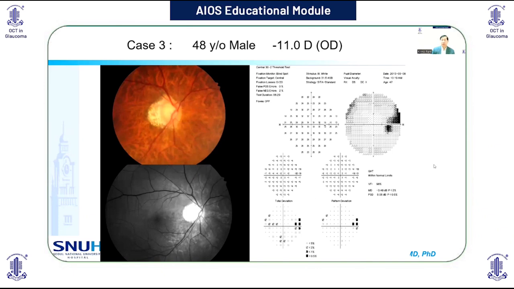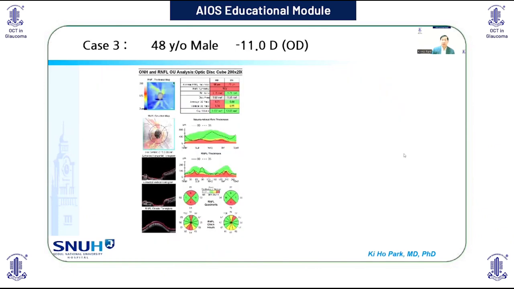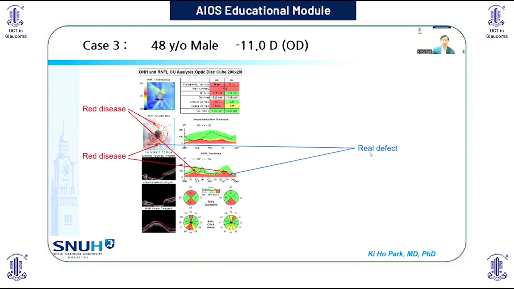So we performed OCT, and you can see red disease in the superior part and also red disease in the inferior part. But the real defect was at the inferior temporal area.